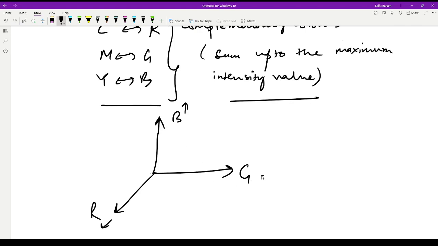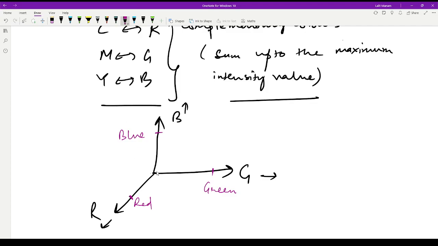If R, G, and B are the three axes along which you measure the intensities for three colors respectively, then assume this is the maximum intensity which gives us red, this is the maximum intensity which gives us green, and this is the maximum intensity which gives us blue. In this case the maximum intensity is 255, but I'm writing it in general because you might want to scale it between 0 and 1 as well.